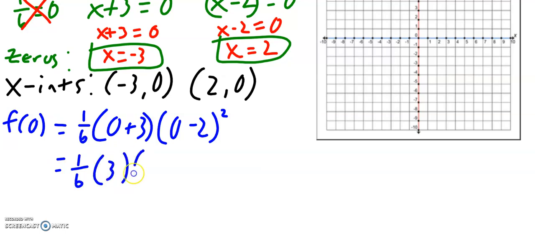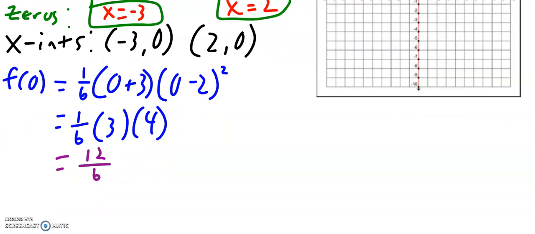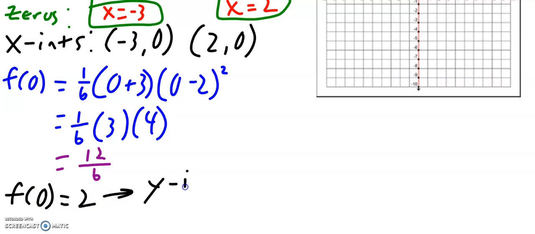Negative 2 squared is 4. So this becomes 12 over 6. So I end up with f of 0 is 2, which tells me that my y-intercept is the point 0, 2.